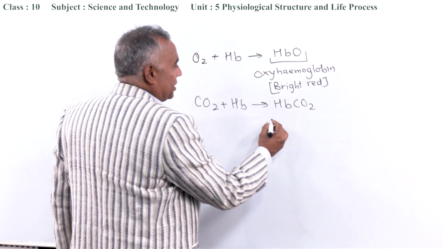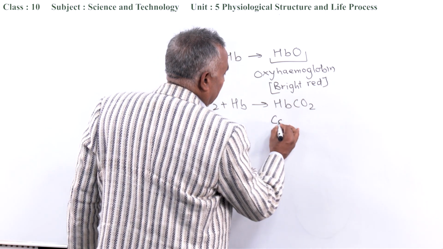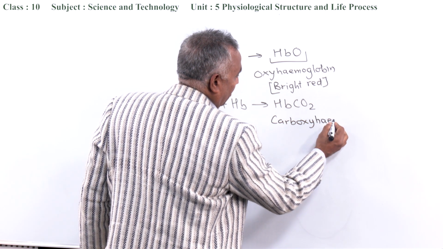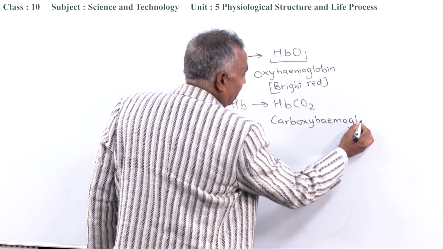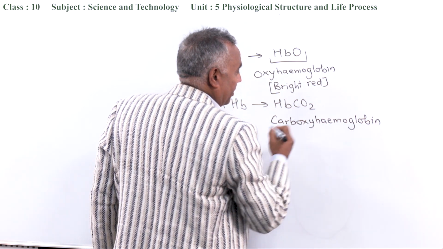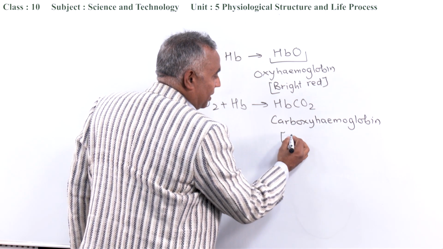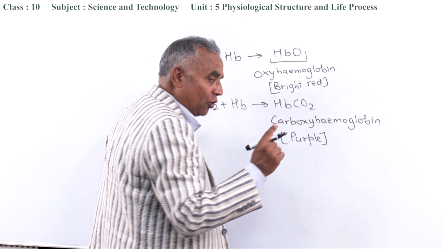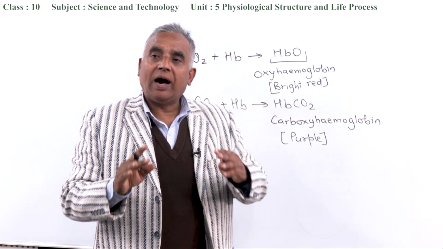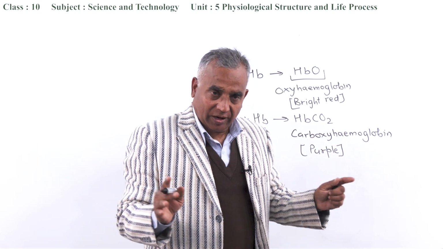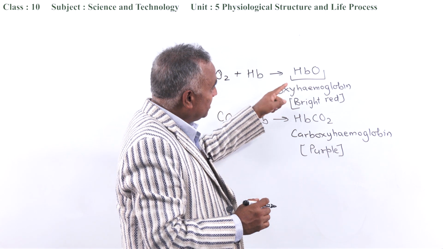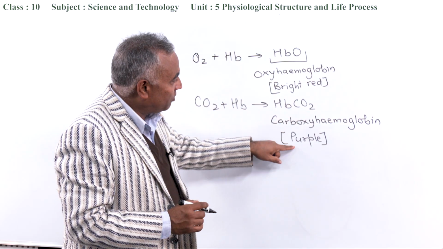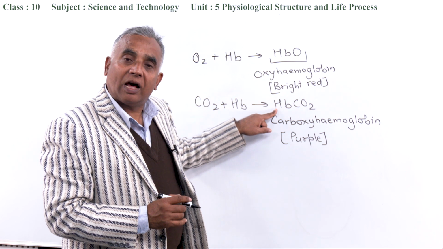So it is called carboxyhemoglobin. And it is purple in color. That's why pure blood and impure blood are different in colors. Here remember that bright red color is because of oxyhemoglobin and purple color is because of what? Carboxyhemoglobin.